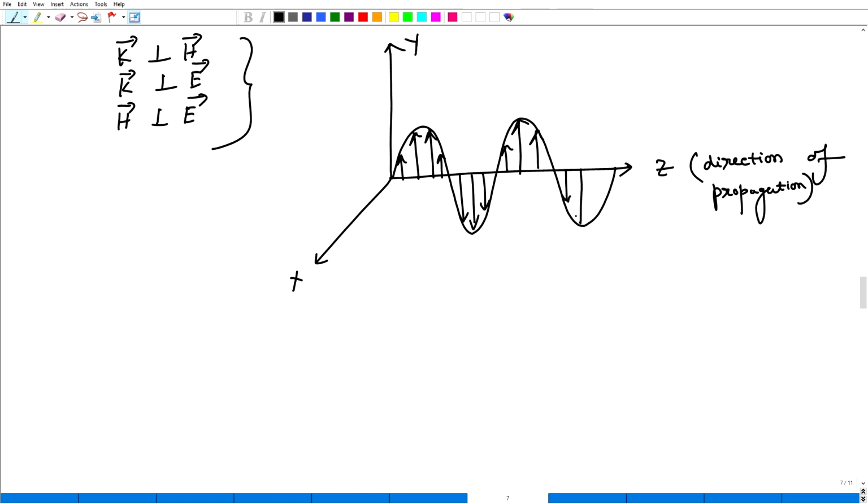The electric field should be perpendicular to the direction of propagation. Propagation is along z, so the k vector is along the z axis. Now the electric field E is perpendicular to k, it is along the y axis, and the magnetic field is also perpendicular to both k and E, it is along the x axis. So this is the electric field and along here. We can use a different color.